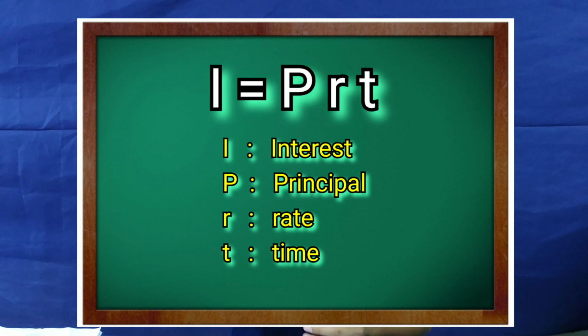But before we proceed to the actual discussion of how to solve the simple interest, let us know these things first. We have principal. When we say principal, it is the amount being borrowed, or ito yung perang ini-invest mo. Example, halimbawa ko kanina, nagpapahiram ako ng 1,000.